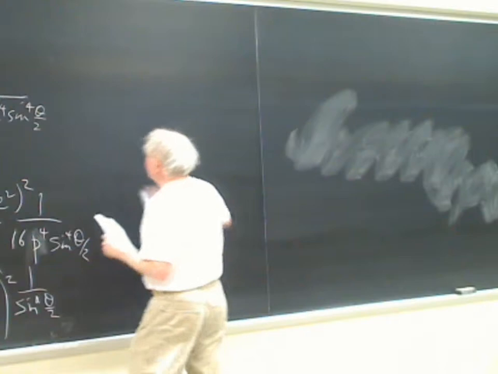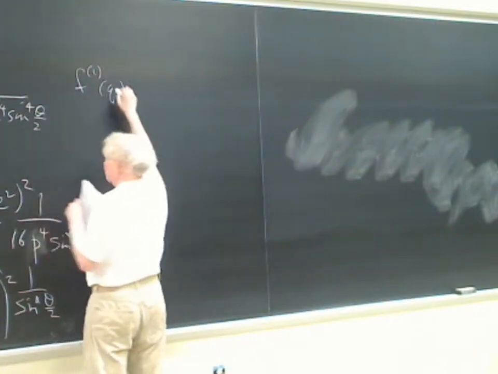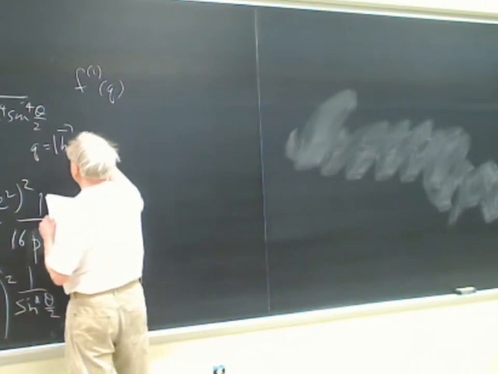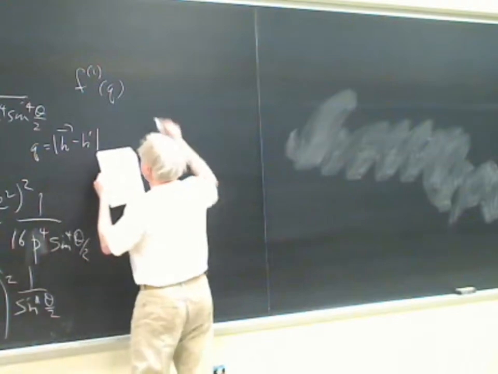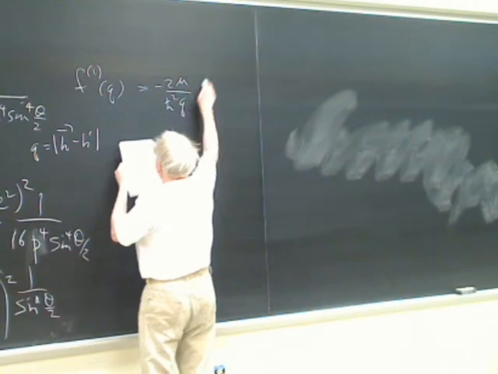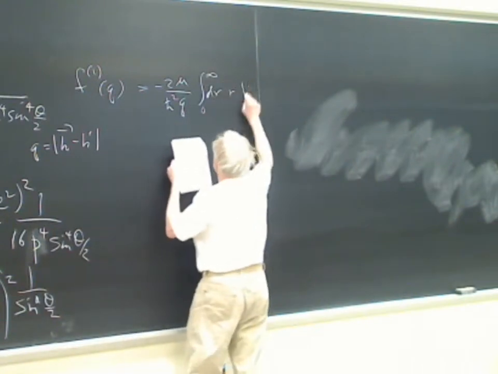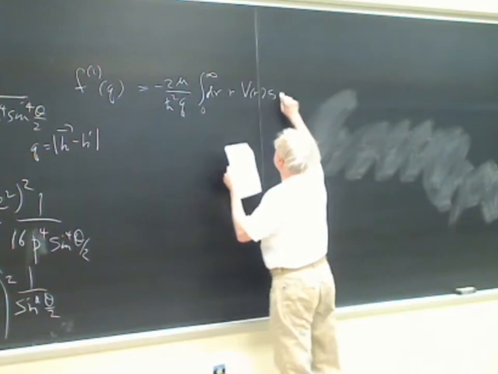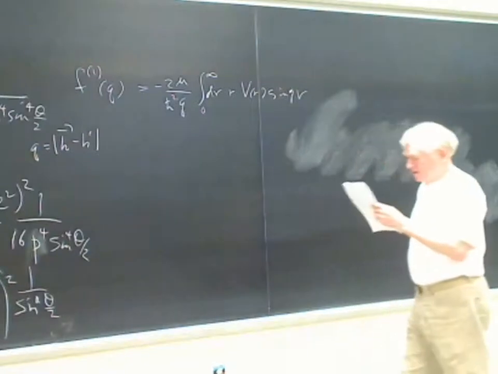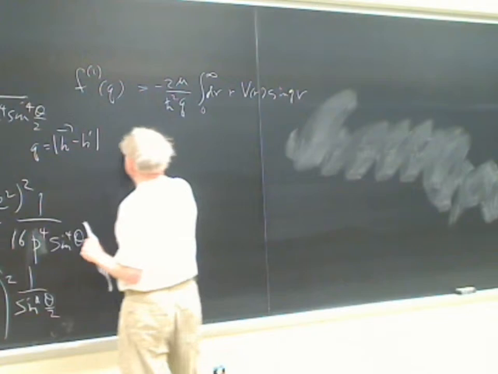We've seen the first Born approximation as a function of q, the momentum transfer, is minus 2 mu over h bar squared q, integral 0 to infinity, dr r V of r sine qr. So that's the expression, and we can draw some properties from this.